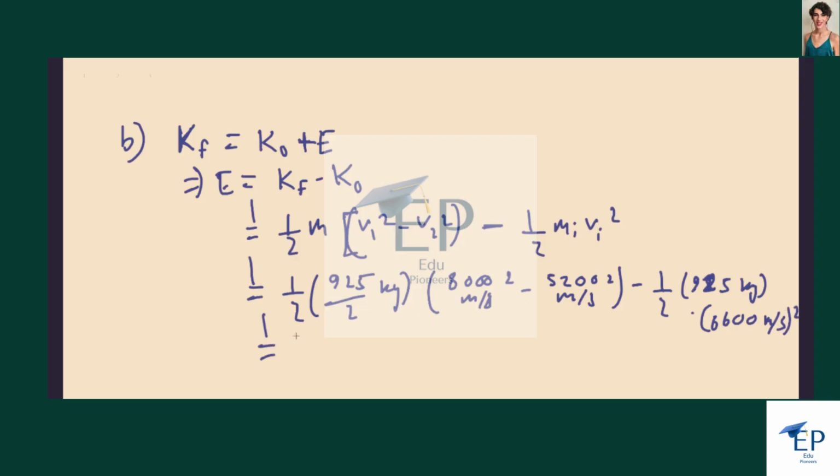And so we get about 9.07 times 10 to the 8 joules, or 0.9 gigajoules. And that's it.